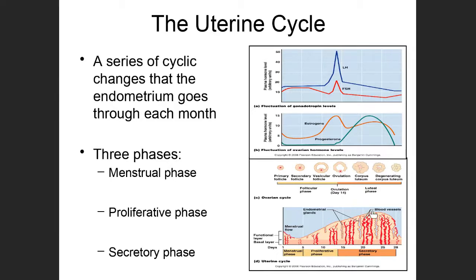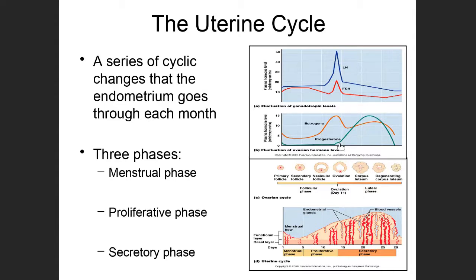So we move into the secretory phase in the uterus following ovulation. This is the same time frame as the luteal phase in the ovaries. So the corpus luteum is starting to develop. Remember, following ovulation, those granulosa cells were destroyed, so estrogen levels started to decrease until we have that corpus luteum, and then it starts to produce estrogen, so they start to rise again.